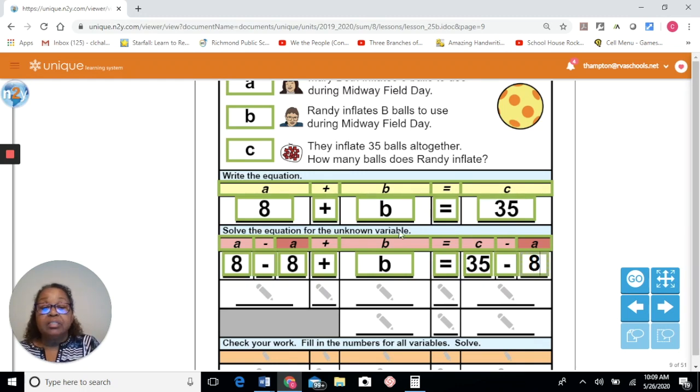We're trying to isolate that B. We want to get B on one side of the equation so that we can have the answer on the other side of the equation. Okay, so let's find out what is B. So if we have 8, take away 8, well, you know that's going to be 0.